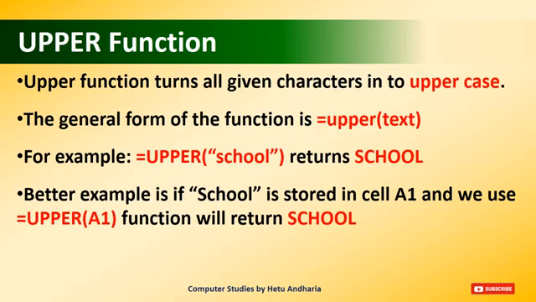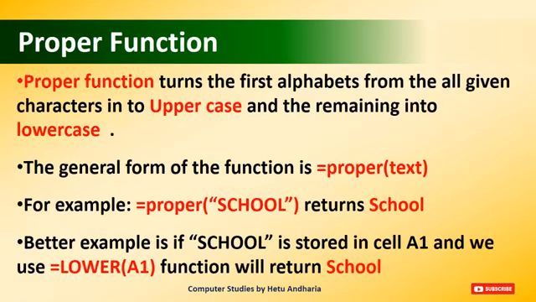We don't want to convert the text directly. We always take the cell reference. So the better example is given here. That also we'll discuss in practicals. The next same type of function is the proper function. Now proper function capitalizes each word's first letter.